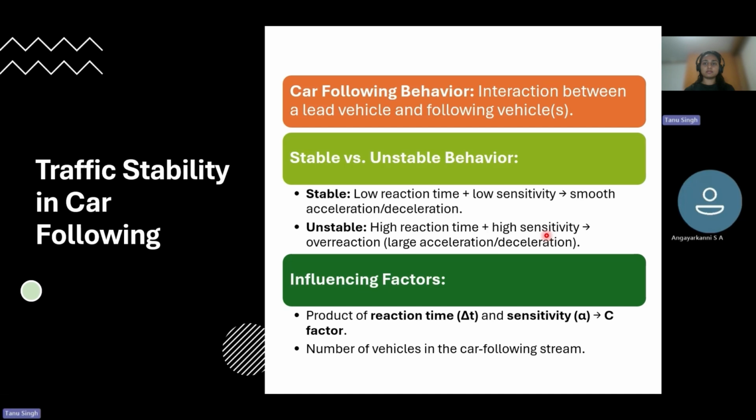The two main factors that influence the stability of the traffic are, first, the product of the reaction time and sensitivity, which we call the C factor, and second, the number of vehicles in the car following stream. A single following vehicle behaves differently than a line of multiple vehicles, and the difference is critical to understanding traffic stability.